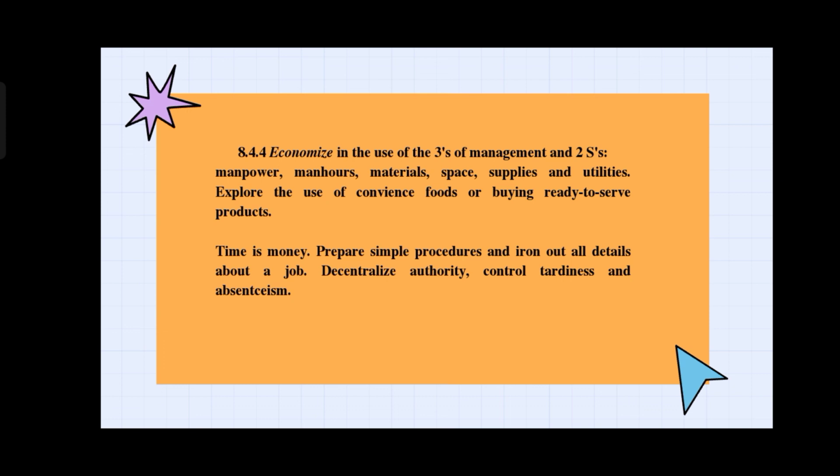Time is money, meaning that in order to earn money, one must act and therefore use one's time. We also use this expression to say that there is no time to lose. So it is important to avoid absenteeism and tardiness. Time is really important.